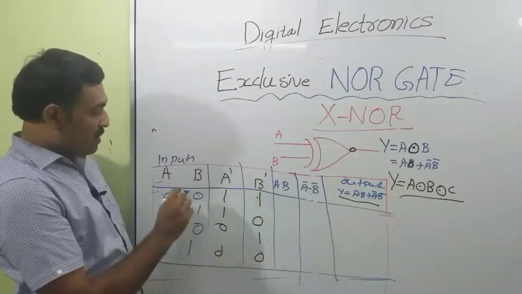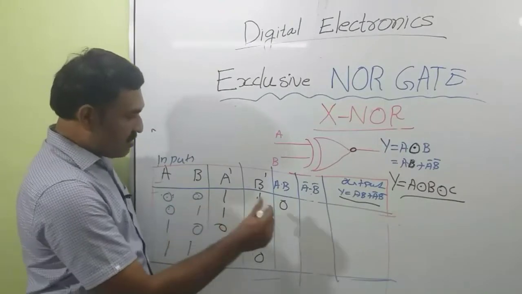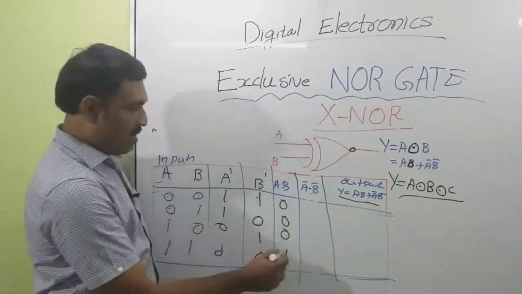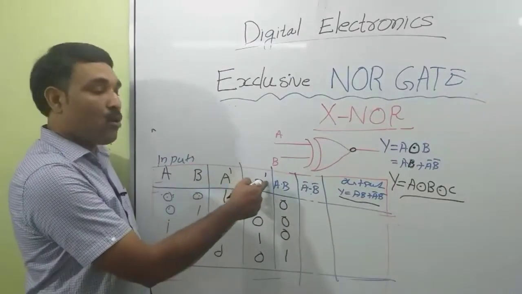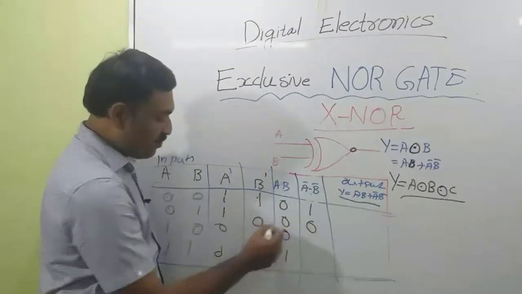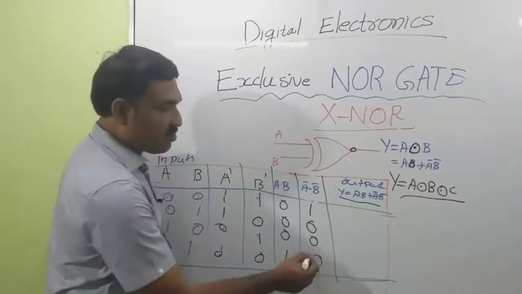Now A dot B, that is 0 dot 0, 0. 0 dot 1, 0. 1 dot 0, 0. 1 dot 1, 1. Now A complement dot B complement: 1 dot 1, 1. 1 dot 0, 0. 0 dot 1, 0. 0 dot 0, 0.